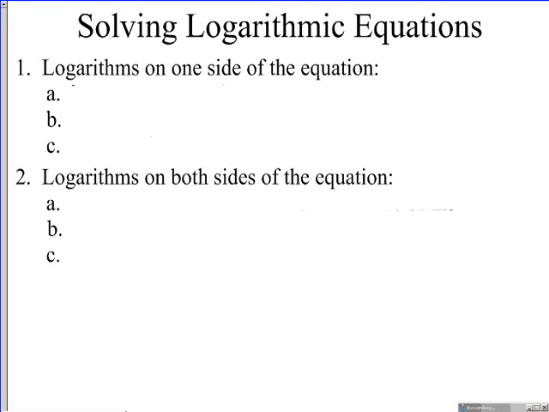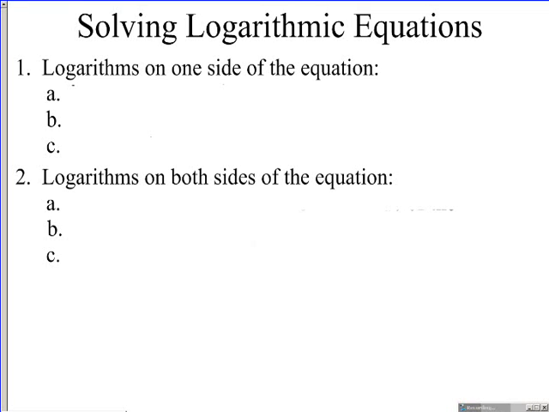When you have equations involving logarithms, there are only two types of equations you could have. You could have logarithms on one side of the equation, in which you're going to follow the first set of directions, or logarithms on both sides, in which you would follow the second set.